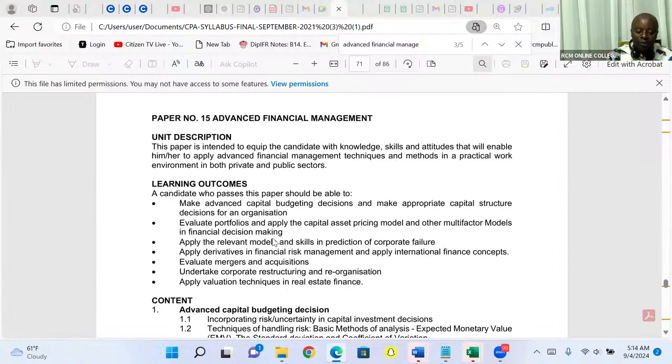Then we have the concept of evaluation of mergers and acquisitions. Ladies and gentlemen, to merge is to come together. When you have two or more companies like A and B, they go to the registrar of companies to have them dissolved, and then they come together.